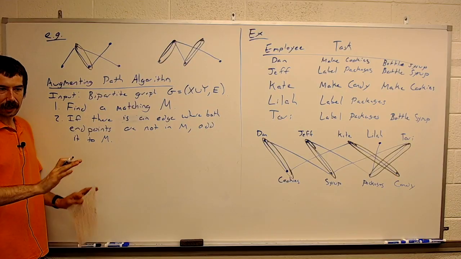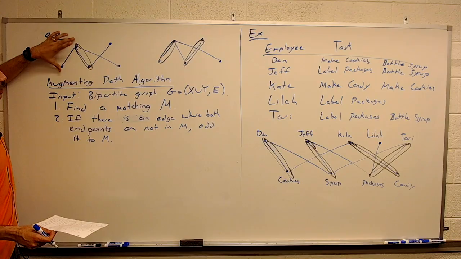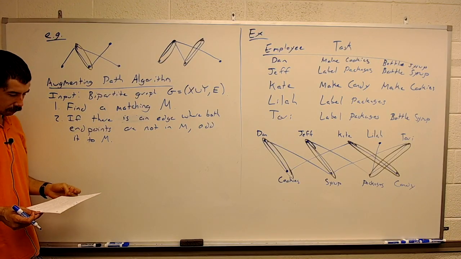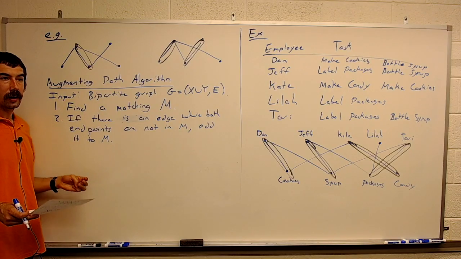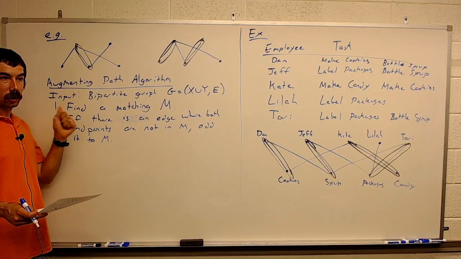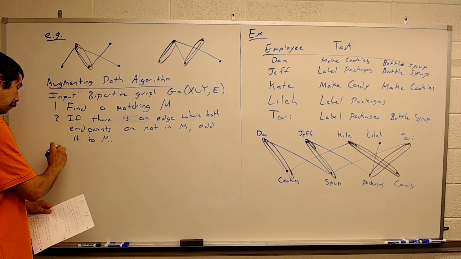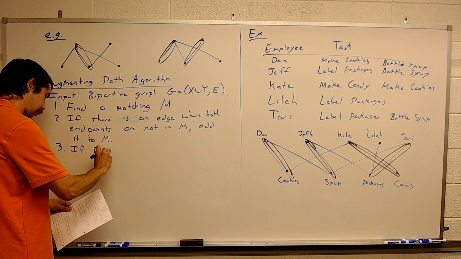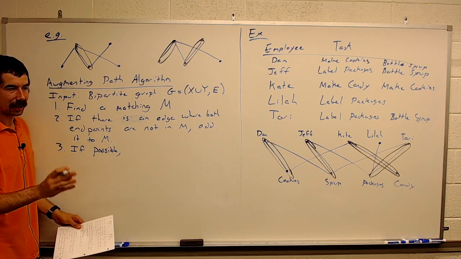And then we'll do that until we can't find any more edges. So in this case, there's no edge where both of the endpoints are not in our matching. And so what we're going to do now is start step 3. If possible, we're going to look for these. If we could find one, that's great. If we can't, then we're done.